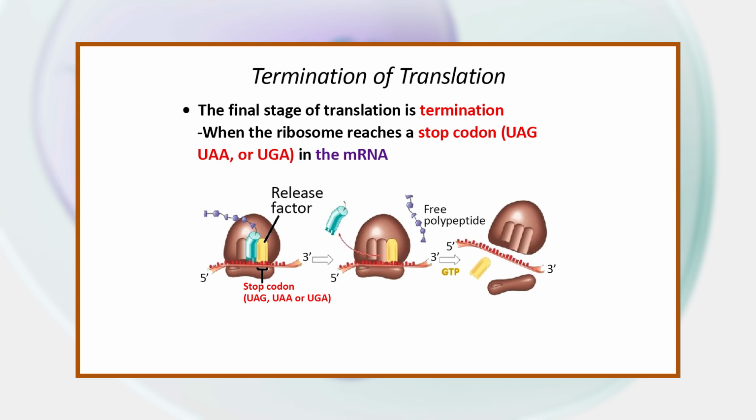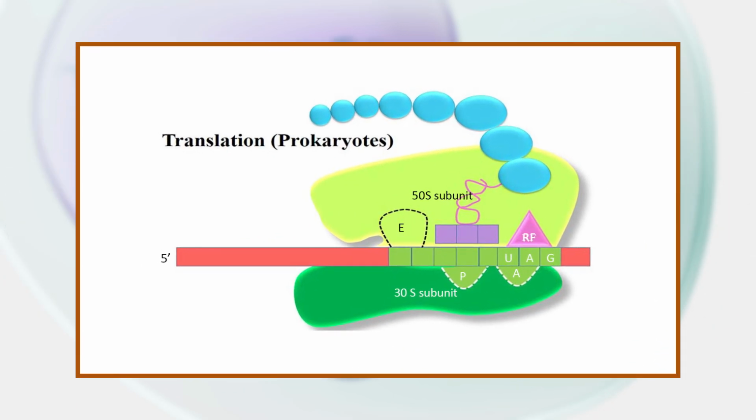The ribosomal complex remains intact and moves on to the next mRNA to be translated. In prokaryotes, bacteria and archaea, translation occurs in the cytosol, where the large and small subunits of the ribosome bind to the mRNA.